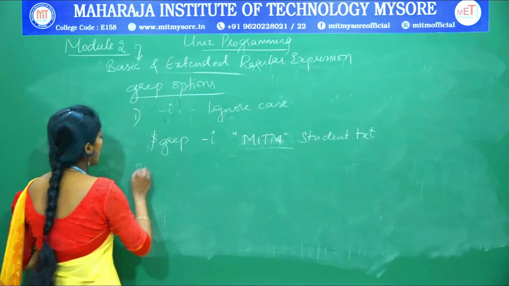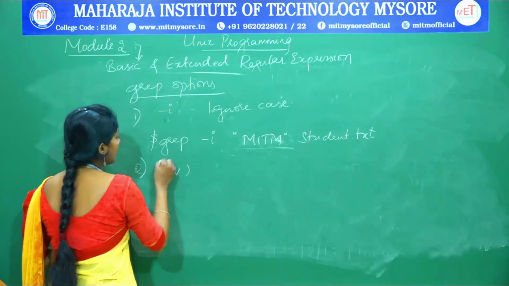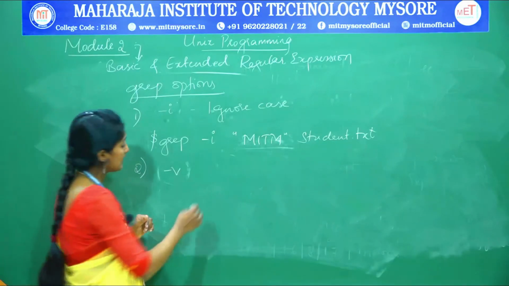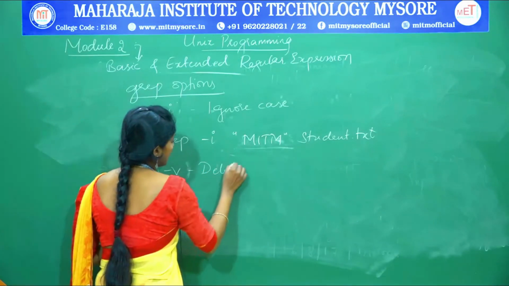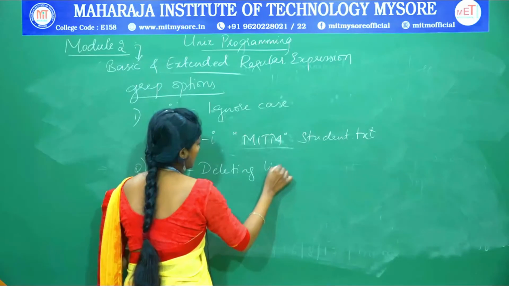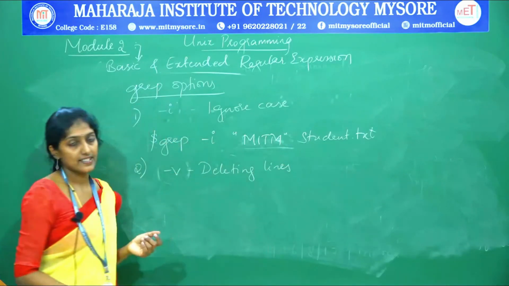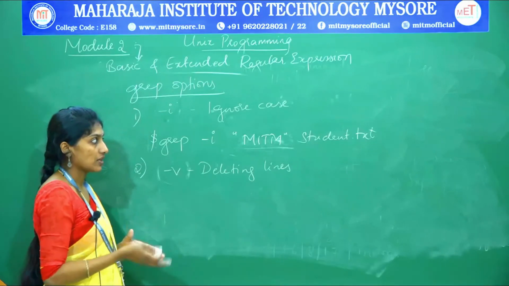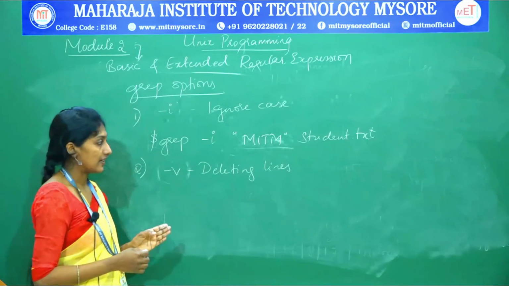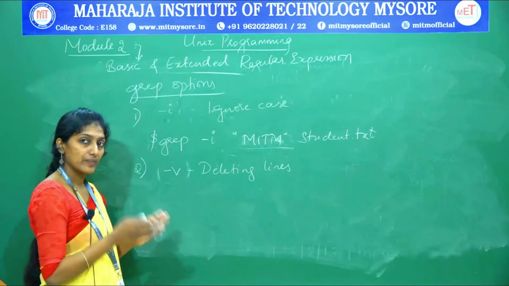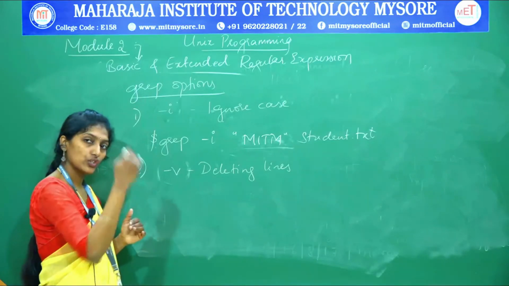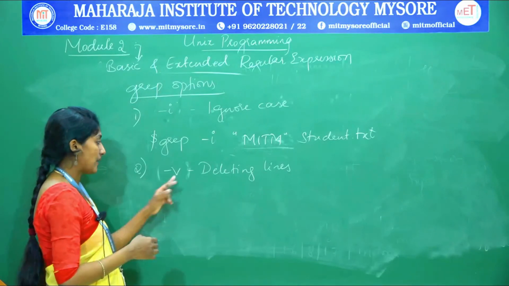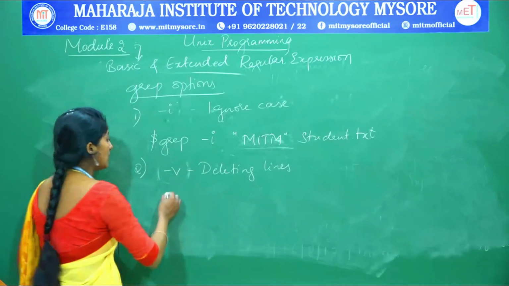Likewise, we have the second option -v, that is reverse, deleting lines. What does deleting lines refer to? I might have given a pattern and apart from that particular line, if I want to list out the different lines, at that time I can just use -v.